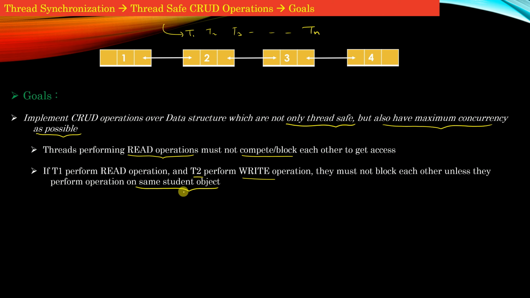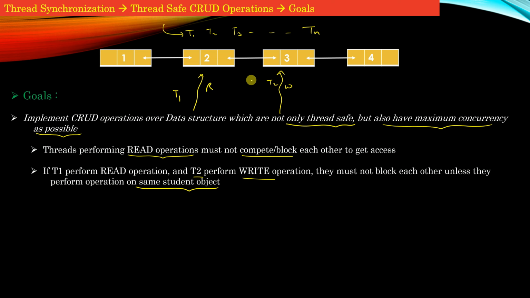So it makes sense that if the thread T1 is performing a read operation on the student whose roll number is 2, and the thread T2 is performing a write operation on a student whose roll number is 3, then I don't see any reason why thread T1 must block thread T2 or why thread T2 must block thread T1 from getting access to the linked list. They can very well execute in parallel.